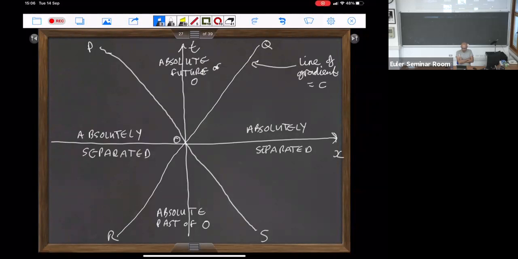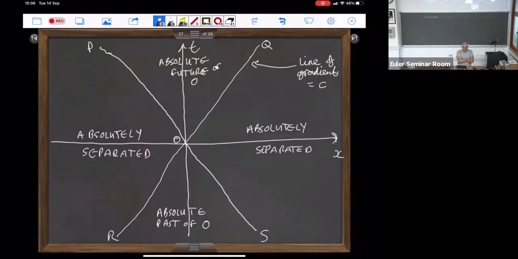Then we can think about an event which occurs at the origin, O, right at the center of this diagram. And once the event has occurred, the diagram gets separated into different regions. So there are two, what I call, absolutely separated regions.